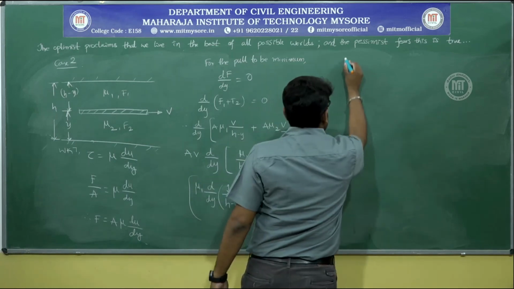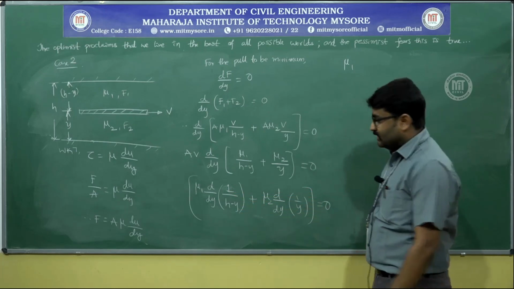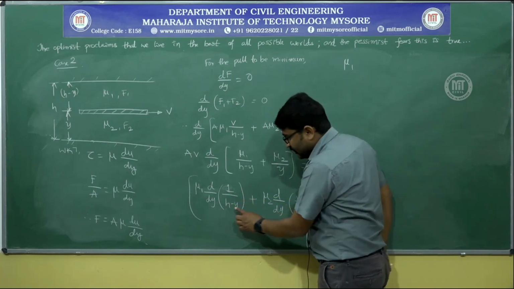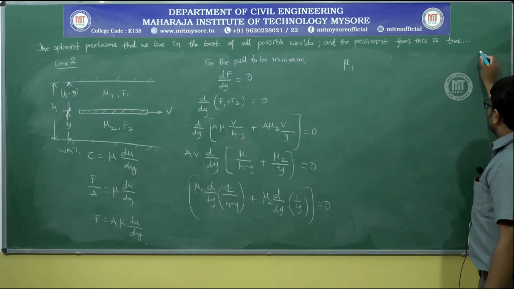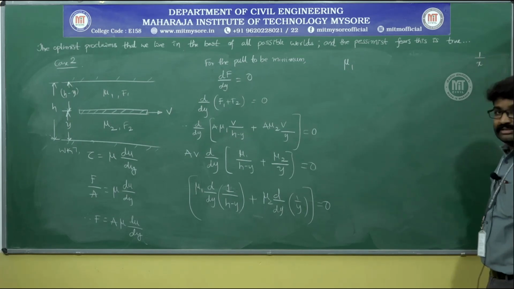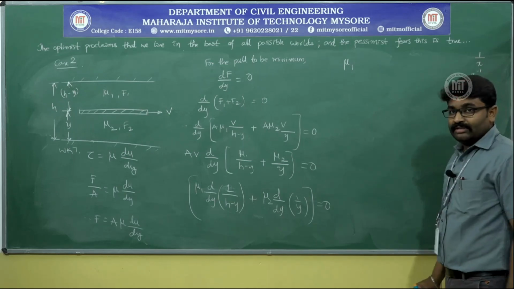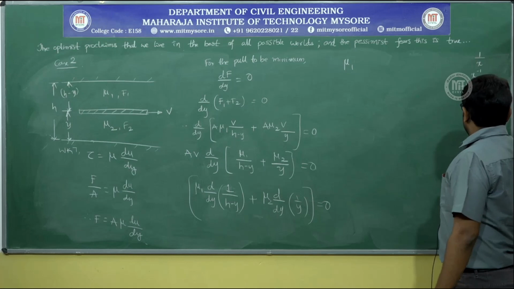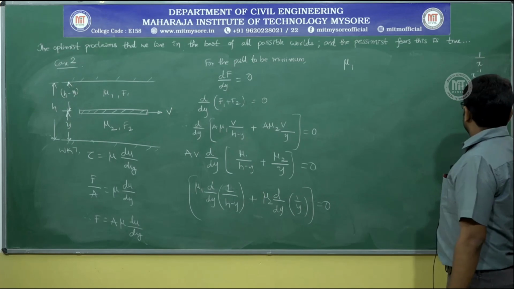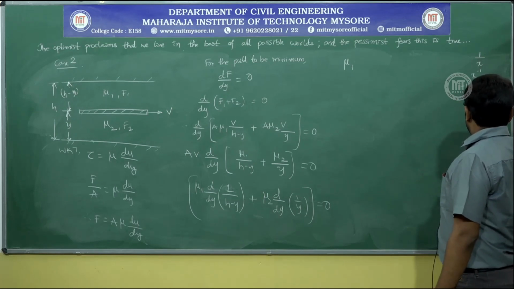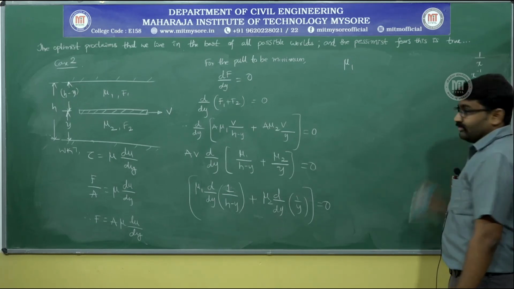So, on differentiation, mu1 into, if you observe, differentiation of 1 by h minus y. h is a constant, y is the only variable. I will show you one example here. What is this? It is like 1 by x. What is the differentiation of 1 by x? This can be written as x to the power of minus 1. So, it is nothing but minus 1 x to the power of minus 1 minus 1, that is n minus 1. So, this is nothing but minus x to the power of minus 2, or in other words minus 1 by x square.